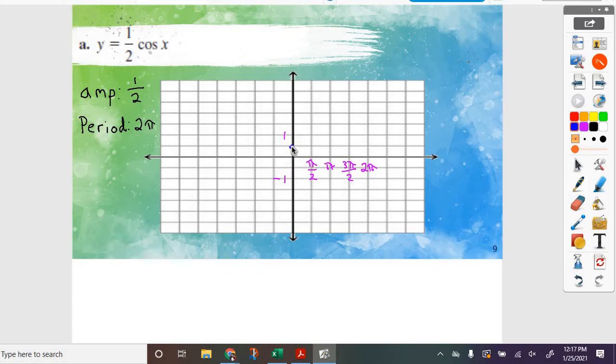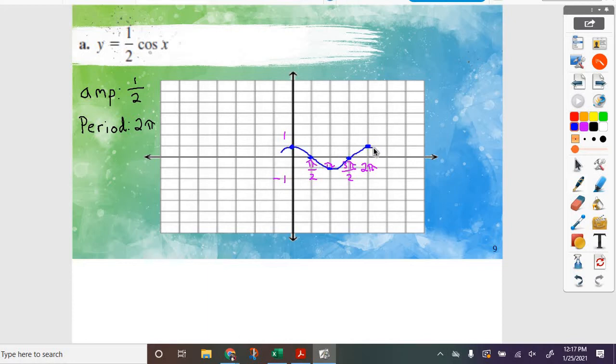And for all of our trig functions, we always start and end at the same point. Okay. Then halfway in between is going to be our minimum, which this time we said was -1/2. And then halfway in between there is going to be our zeros.